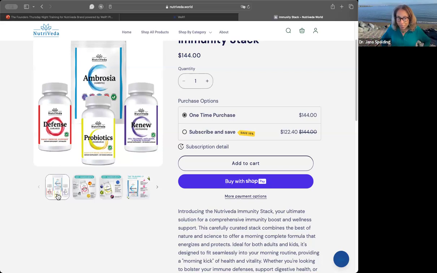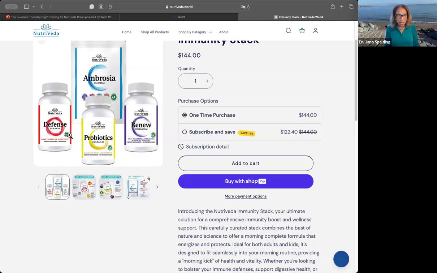But our immune systems are not just cells in certain parts of the body. Our entire organism has ways of protecting us. And these products target different parts of our bodies that all together work to keep us healthy. And we'll talk about them one by one.